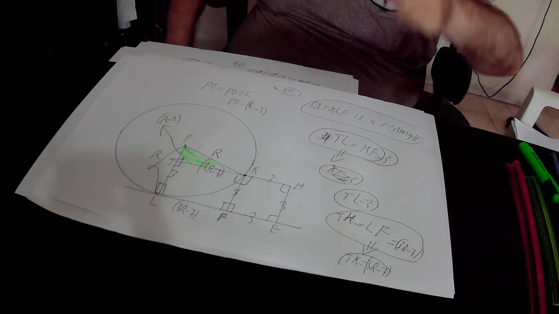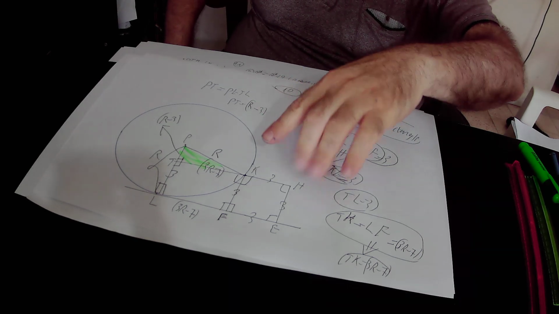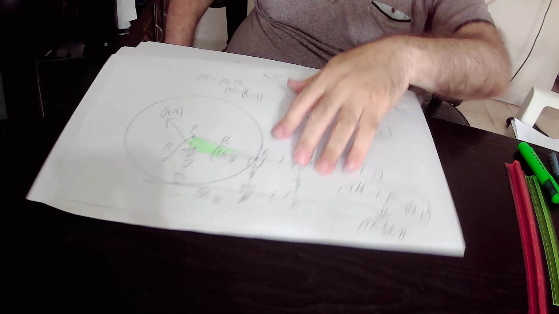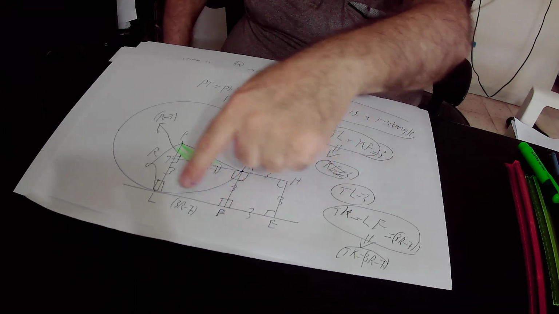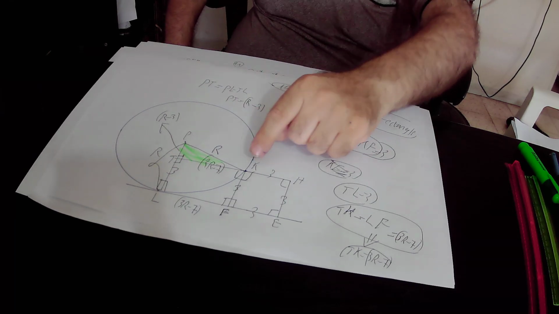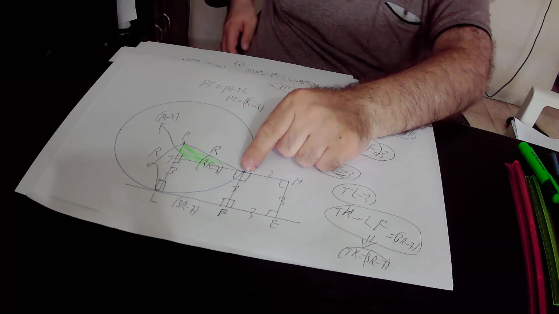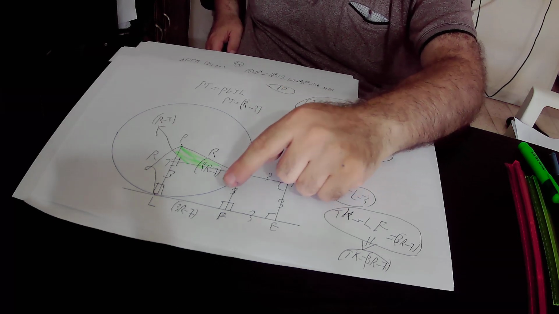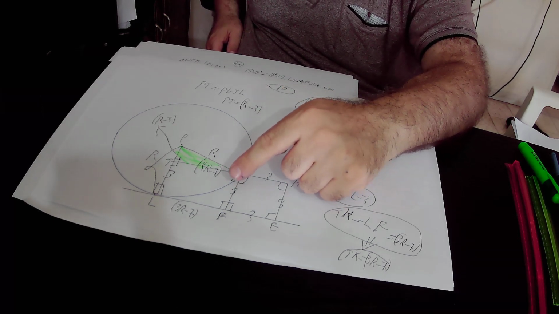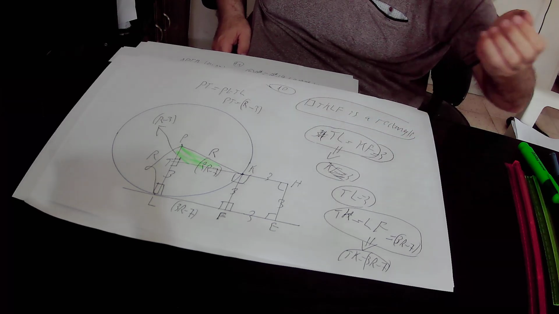So in quadrilateral KTLF we have 1, 2, 3 right angles. Therefore the fourth angle must also equal 90 degrees. Therefore, in quadrilateral KTLF, we have 4 right angles. Therefore, quadrilateral KTLF is a rectangle because it has 4 right angles.